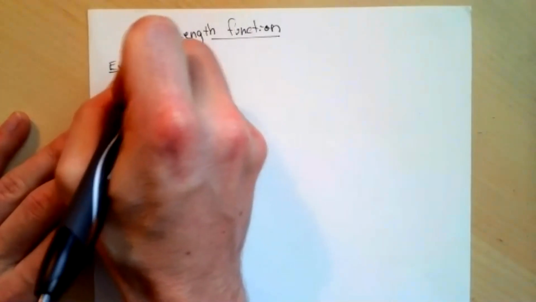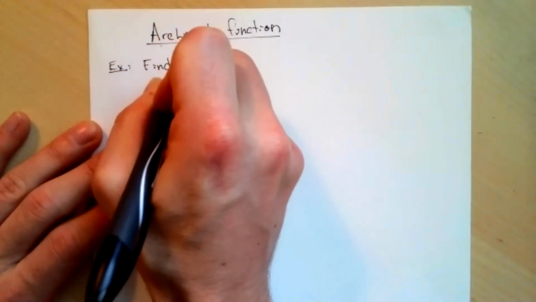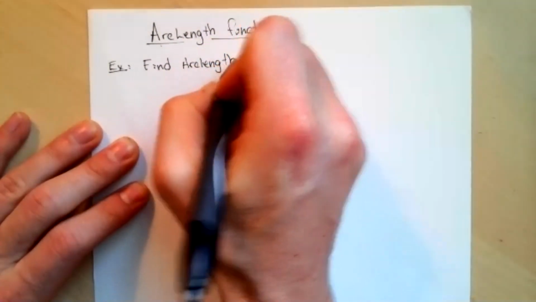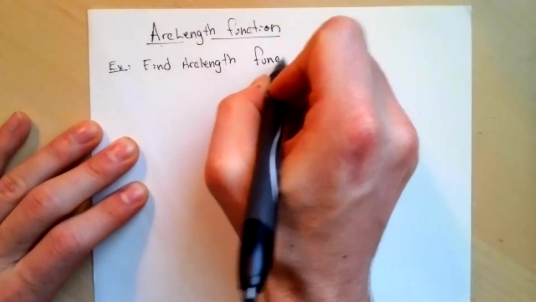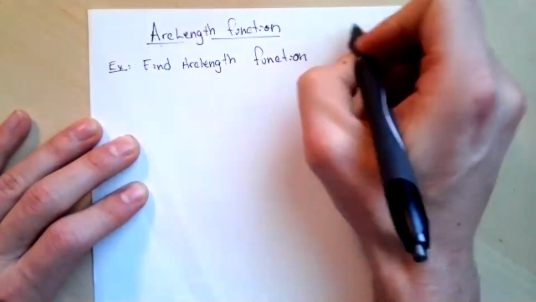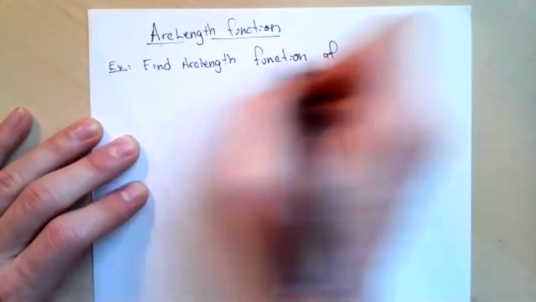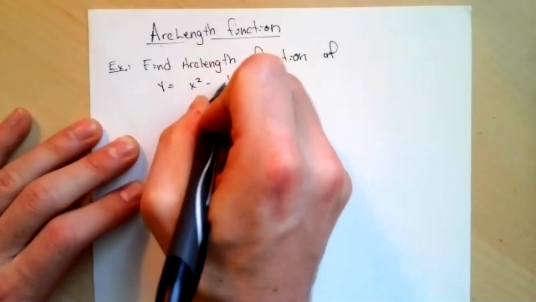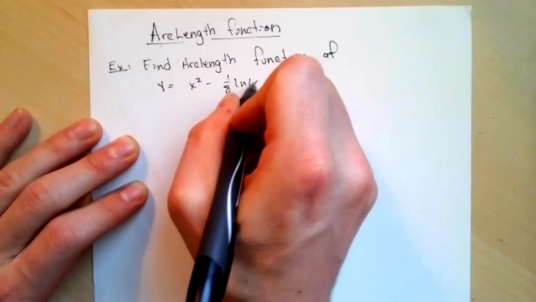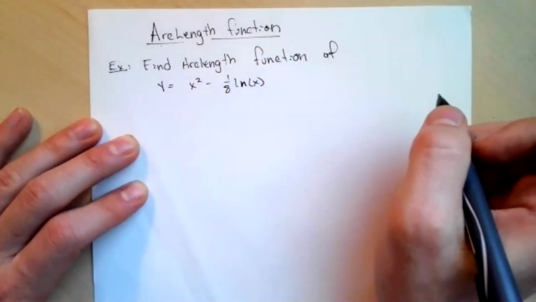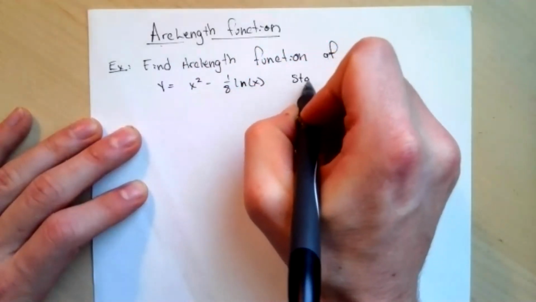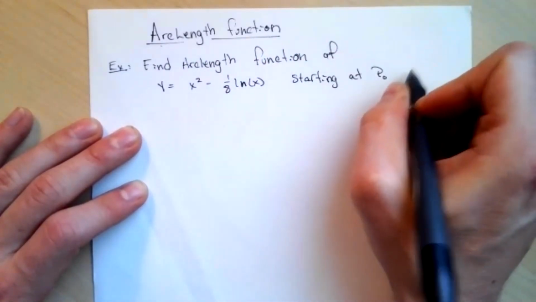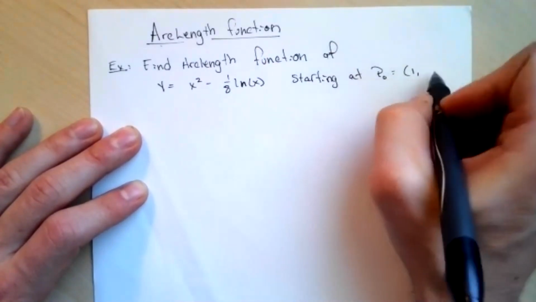So the example, let's say, find the arc length function of y equals x squared minus 1/8 natural log of x, starting at the point (1, 1).